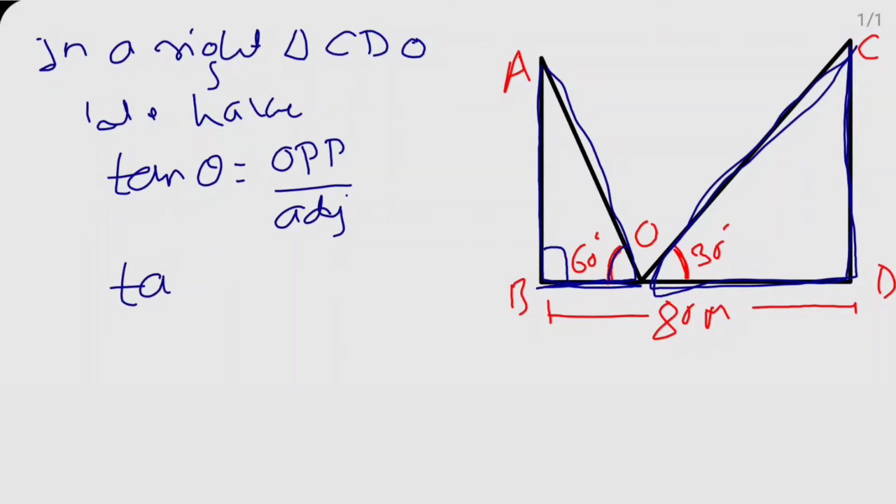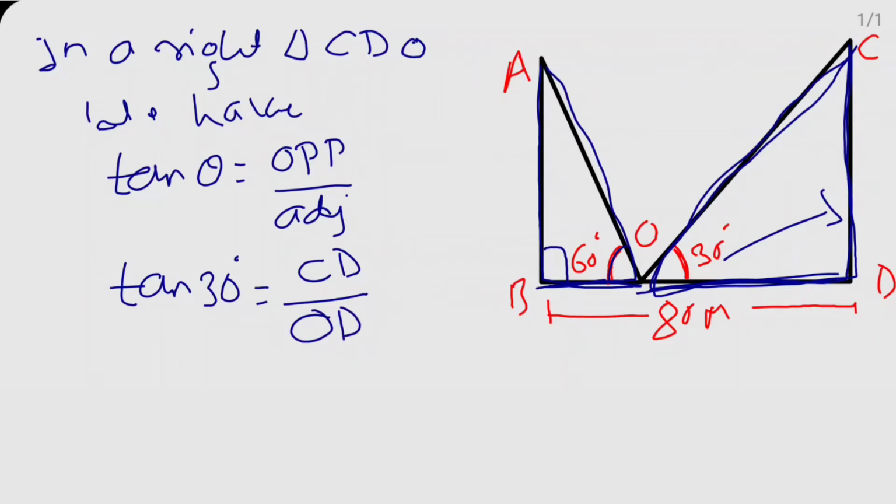So here tan 30 equal to, for 30 opposite is CD, CD divided by adjacent, for 30 adjacent is OD.